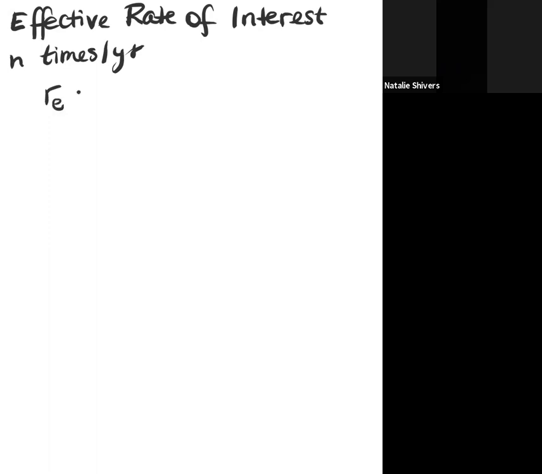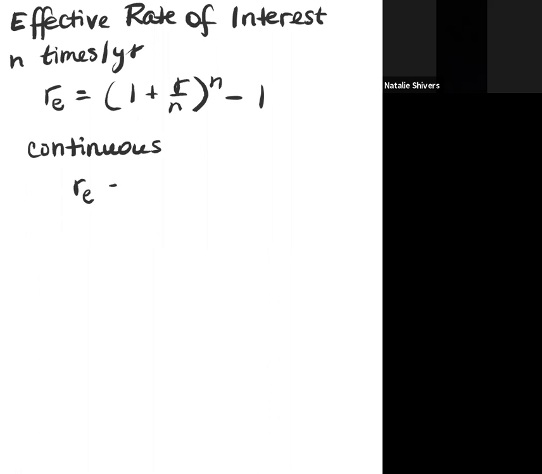R sub e equals 1 plus r over n, to the n, minus 1. So very close to what's already on the inside. And then we have one for continuous. So r sub e for effective rate equals e to the r minus 1. Very easy.